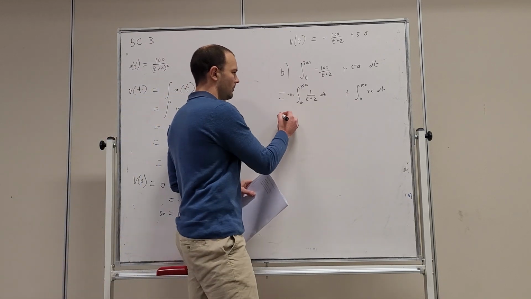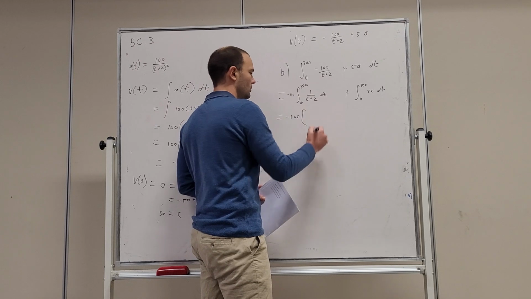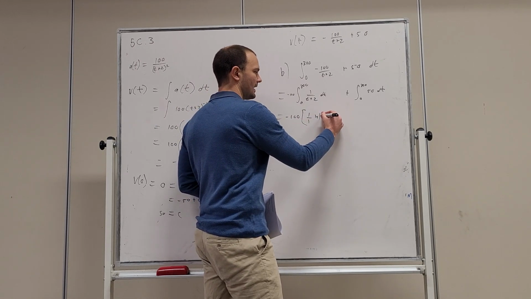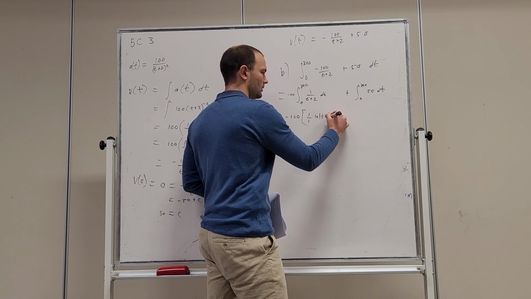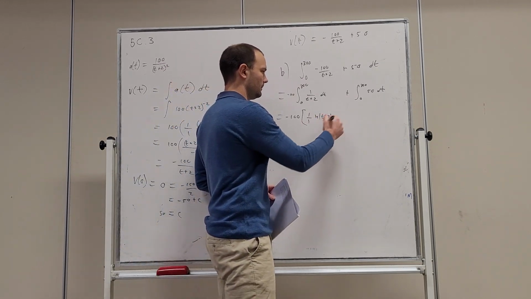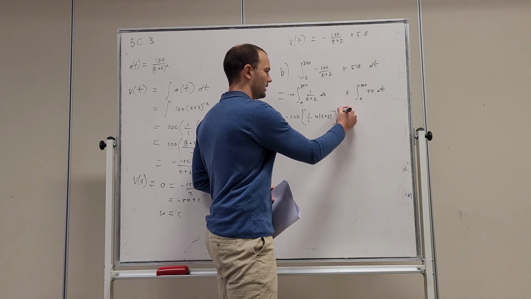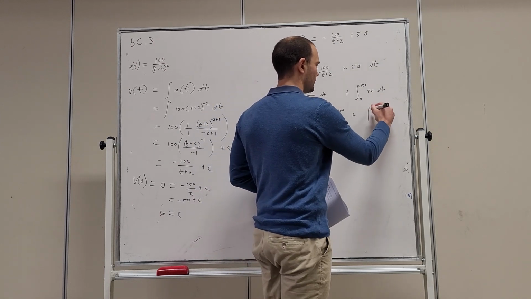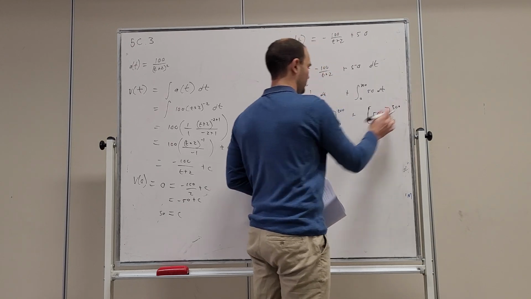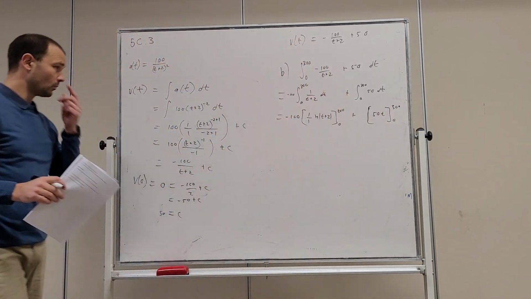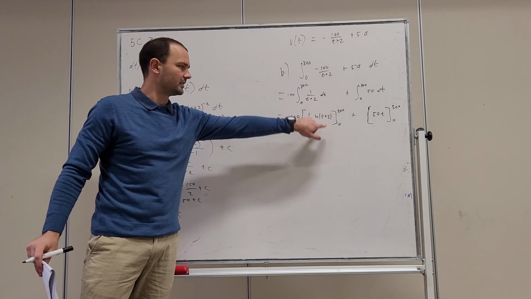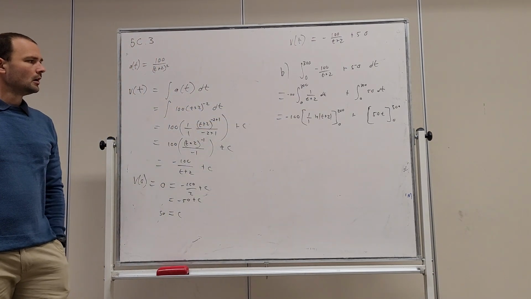Alright, so the minus 100 staying out the front, we have 1 on a ln of ax plus b. I'll put modulus there, you don't have to. So that's from 0 to 300. And then here, 50t from 0 to 300. You can include it in the same thing if you want. I just split it to make the point about what that integrates to.